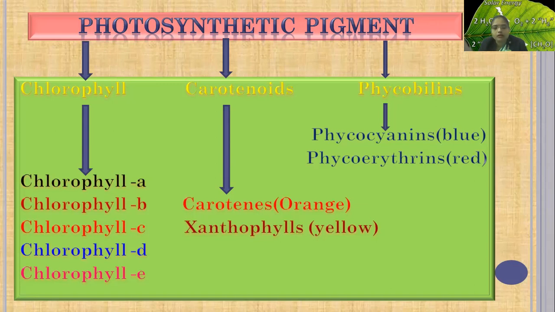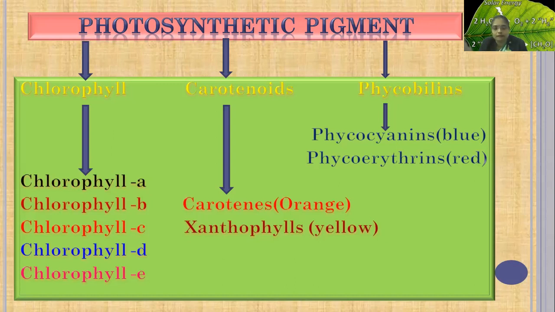Carotene is orange-yellowish in color, surrounded by hydrocarbons, insoluble in water, soluble in organic solvents like alcohol or benzene. Beta carotene is the most common type.